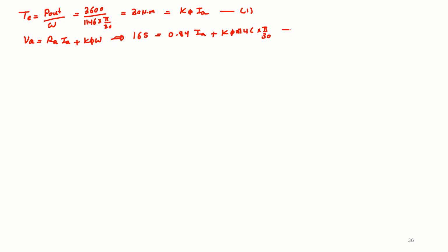So this can be written as 165 is equal to 0.84 IA plus 120 k phi, and this will be equation number 2.